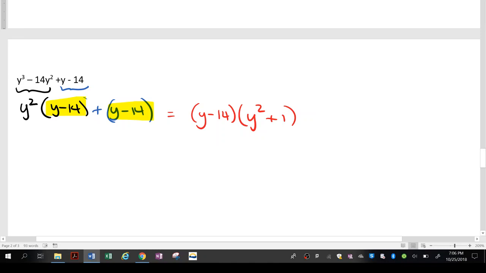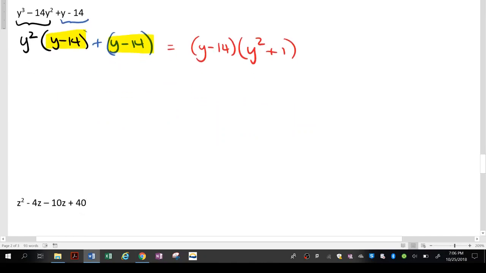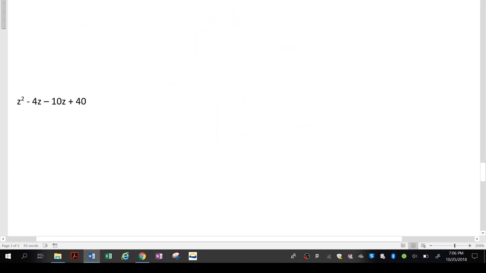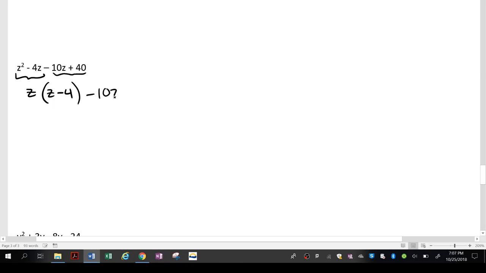Let's look at another example that has a negative that we have to deal with. In this example here, you'll notice that in these first two terms, we have a z in common, and we can rewrite those first two terms as z times z minus 4. Now, then we have this minus 10z plus 40. I'm just going to rewrite this down here.